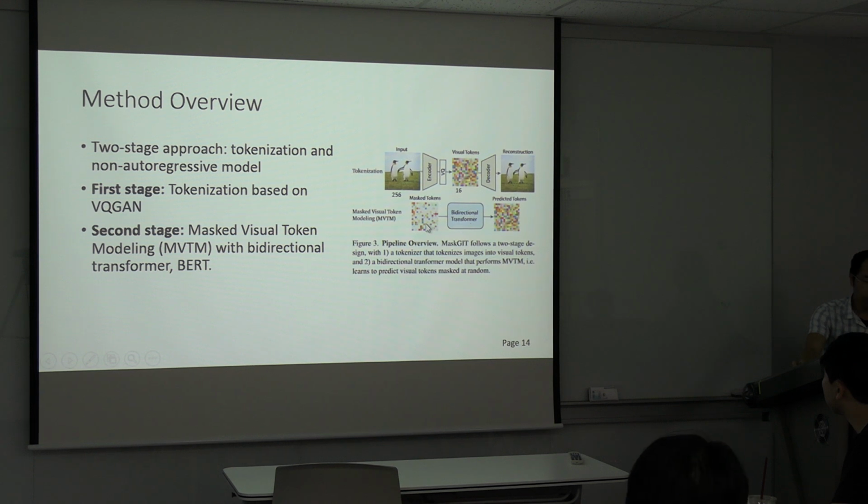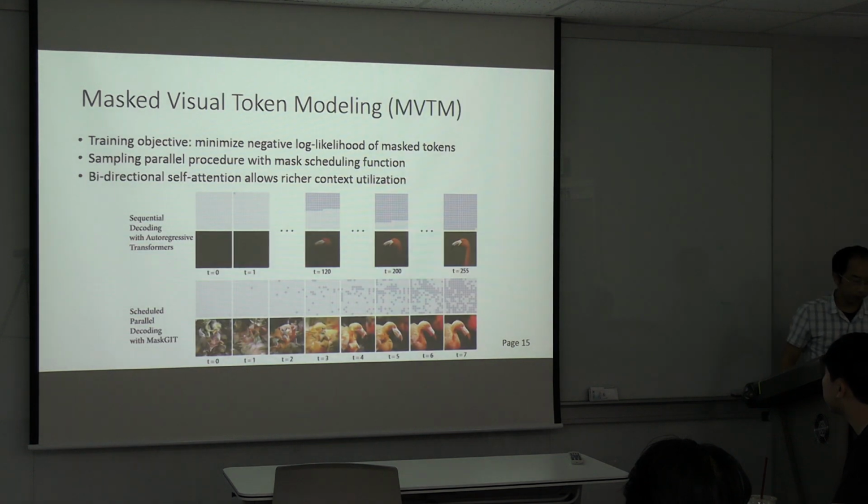During training, we randomly mask some tokens in the latent space and ask the bidirectional transformer to predict the positions that we masked out. That is the main idea of this paper.